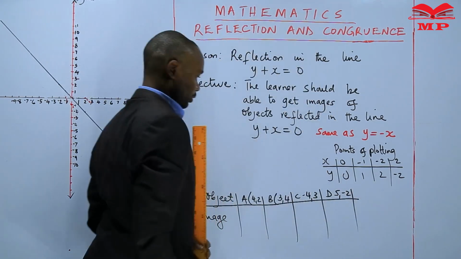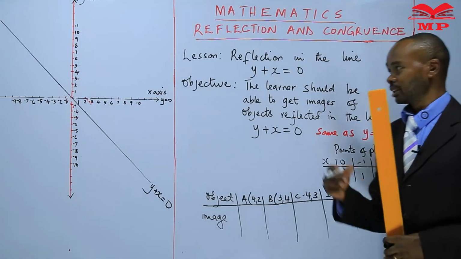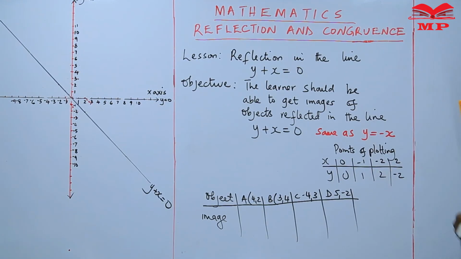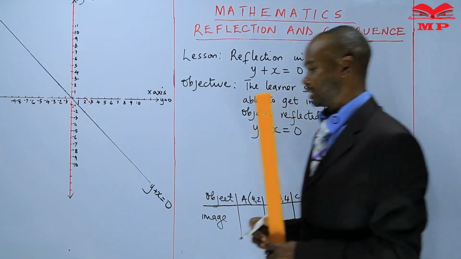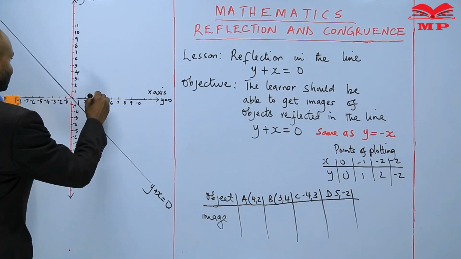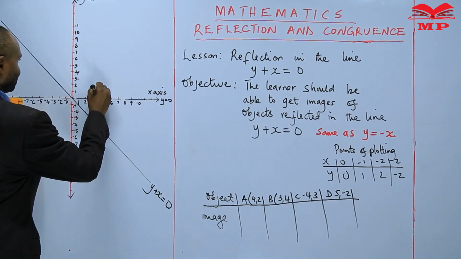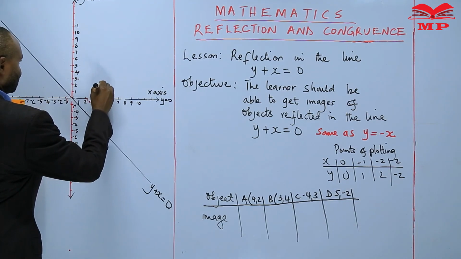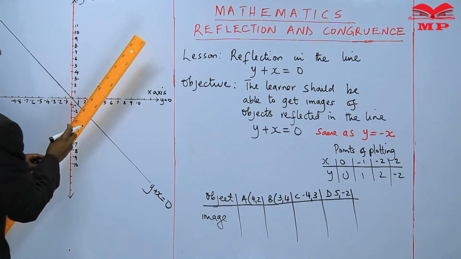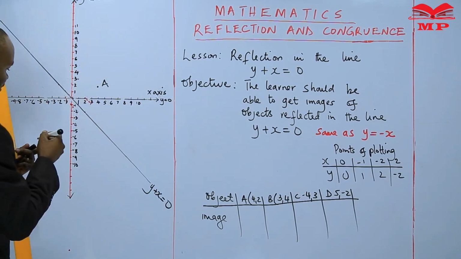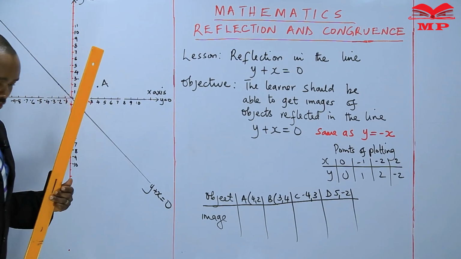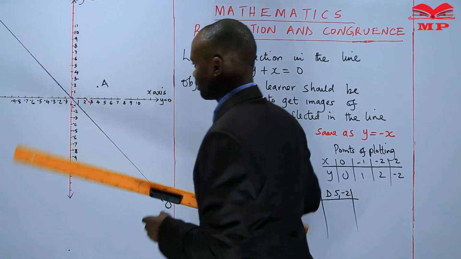And see what is going to happen, because in the past reflections we've been finding something happening. Is something bound to happen here? Let's check. You go to the first point, 4, 2. That is point A. We said the distance of the object from the reflection line will be equal to the distance of the image from that line.